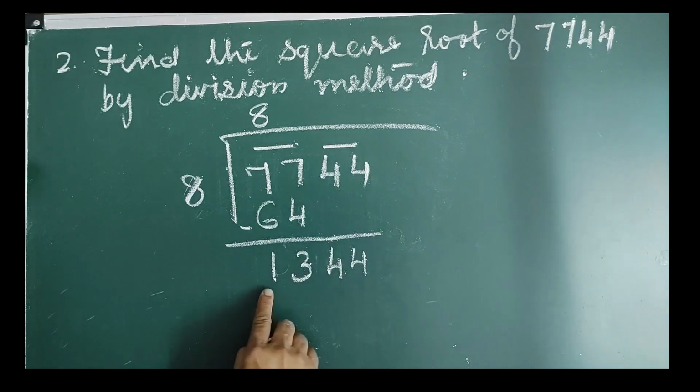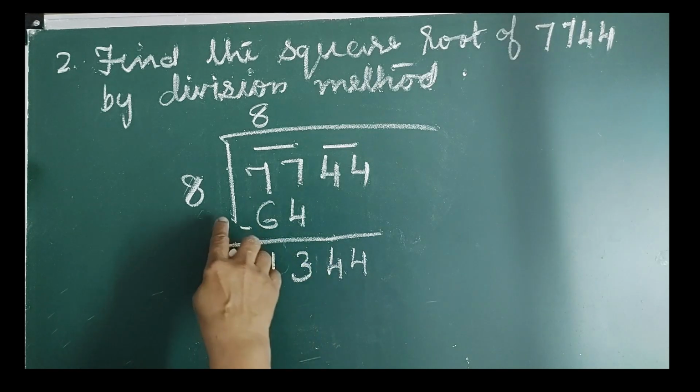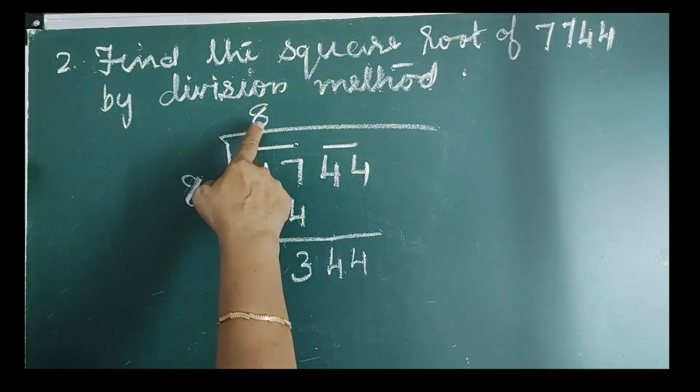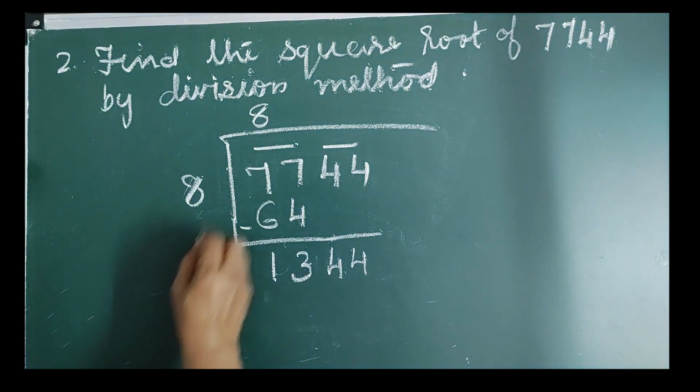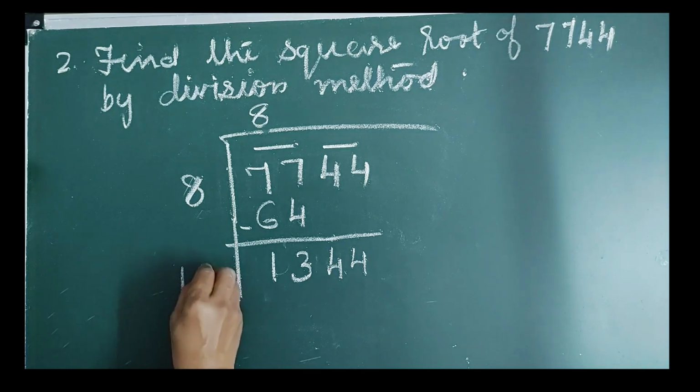Now the dividend is 1344 and the divisor is the double of the quotient, that is 8 2s are 16.